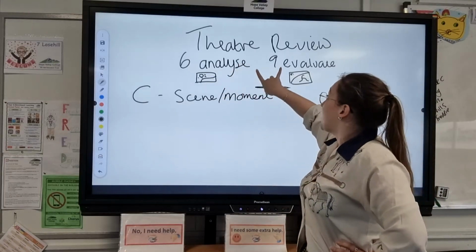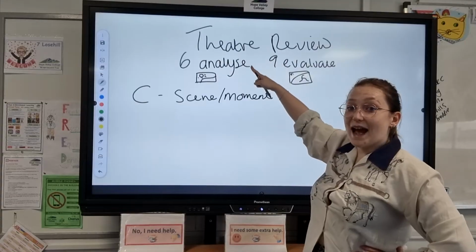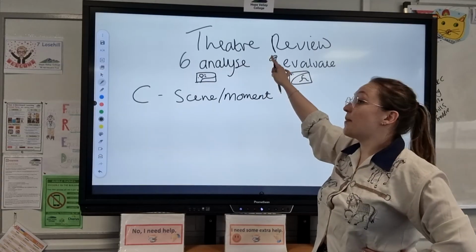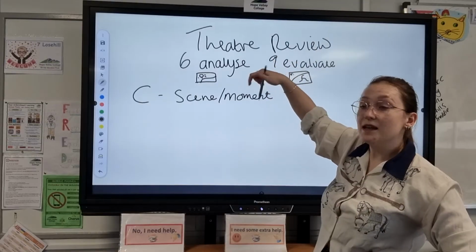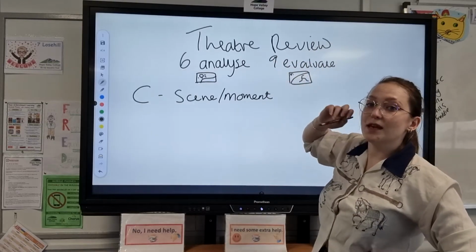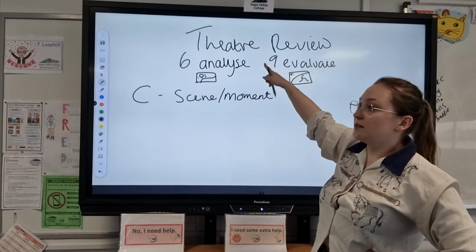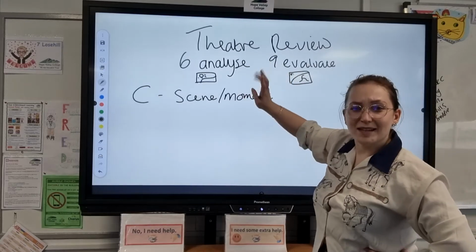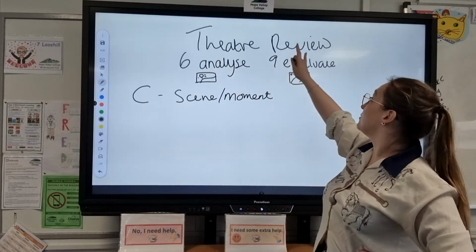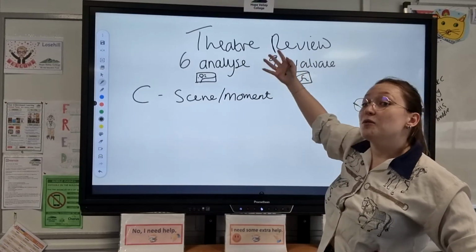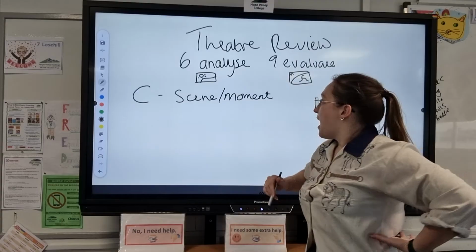Remember as well that it swaps between analyse and evaluate if you're talking about a physical skill or a vocal skill or stage space or any of the design skills, but both questions won't be the same type. So one will be performance based, one will be design based. Which way round, we don't know.